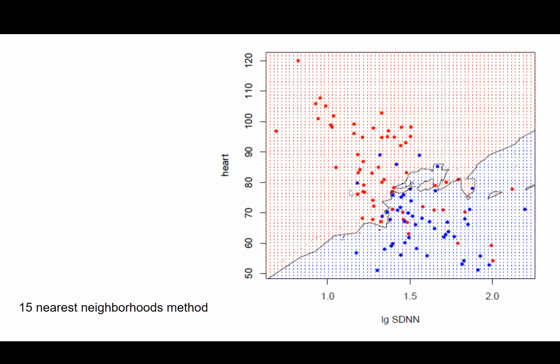We determine the color of this new point by majority voting. Among all these 15 points, the majority will be red points. So this point will be red too.